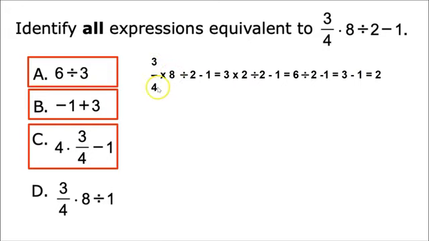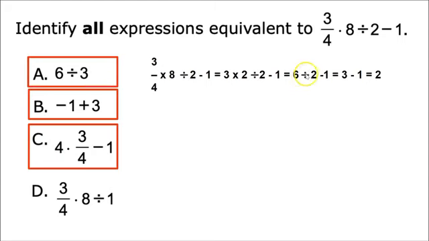What you can do is 8 divided by 4. And remember, we're doing PEMDAS, so we got to do multiplication and division first. You start from the left and make your way right. So 8 divided by 4 is equal to 2. And you still have that 3. So 3 times 2 is equal to 6.